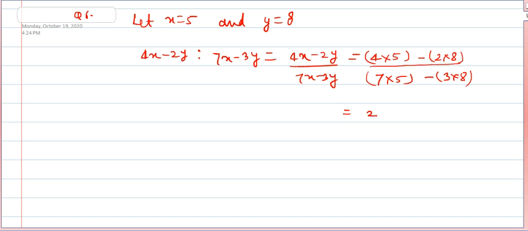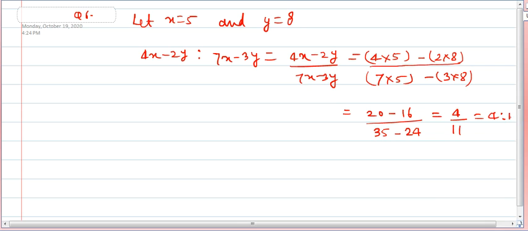Simplify this, it is 20 minus 16, then 35 minus 24. So it is 4 upon 11, and the ratio is 4:11. This is the answer of sixth question.